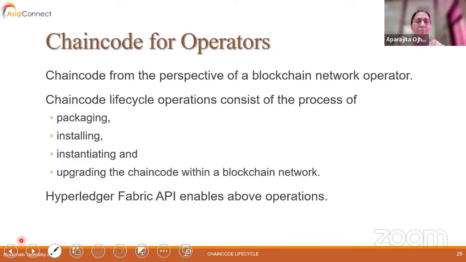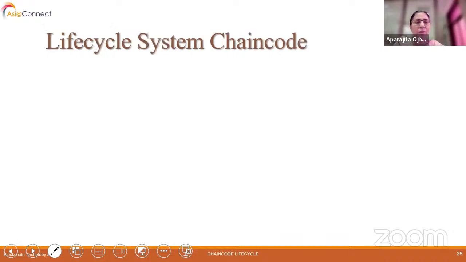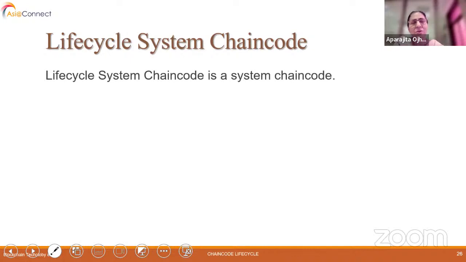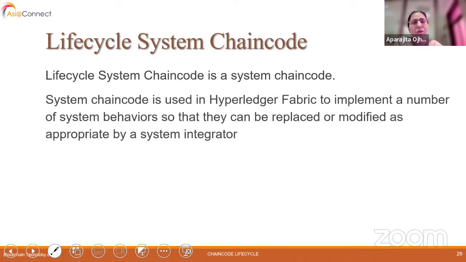So the Hyperledger Fabric API enables all these operations. One doesn't need to actually do it separately. You have several APIs that are available. I told you in the beginning that there's something called lifecycle system chain code. Lifecycle system chain code is a system chain code used in Hyperledger Fabric to implement several system behaviors so that they can be replaced or modified by the system integrator from time to time.